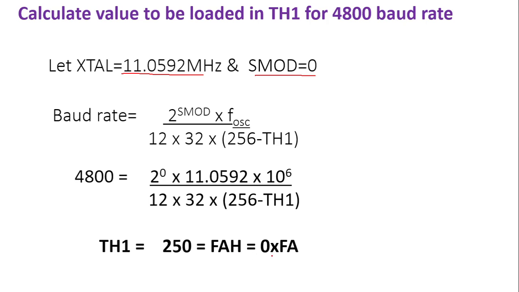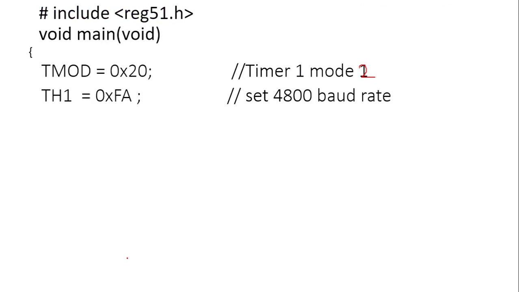FAH is written as 0xFA. This is the notation for hexadecimal. It means that the TH1 register should be loaded with the FA value so that a baud rate of 4800 is generated. Hence, this FA is loaded in TH1. So, the timer part is now over. Now, what is the next thing?